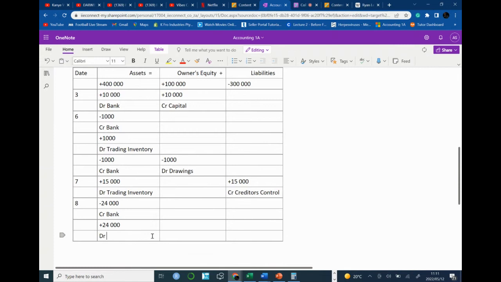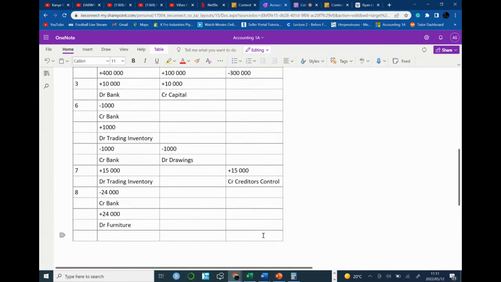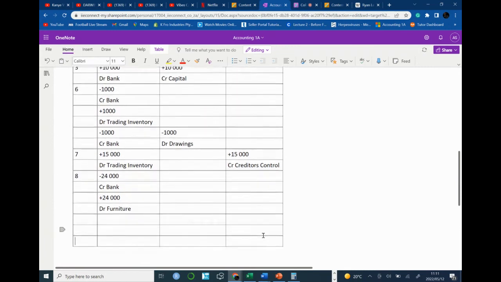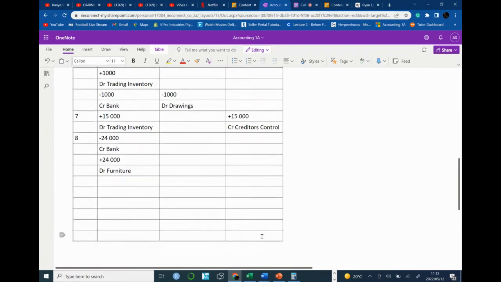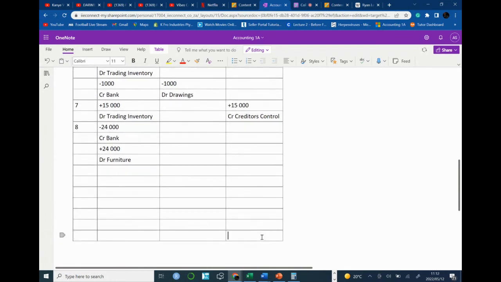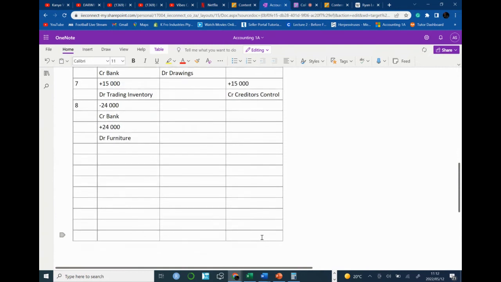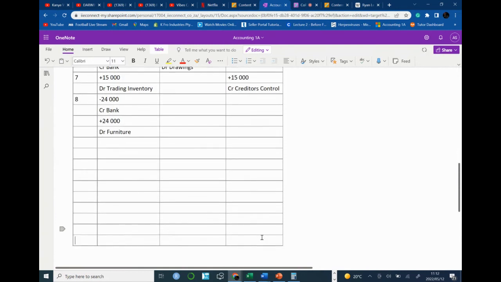Here we're going to debit furniture. Okie dokie. Now we need more rows.